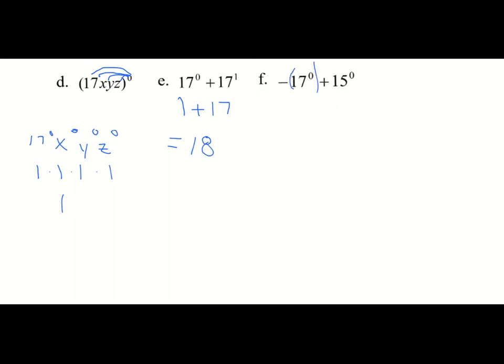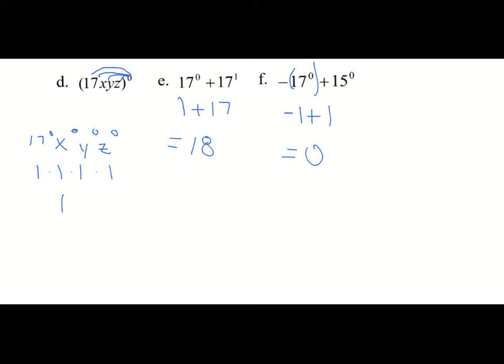So 17 to the 0 power is 1, but because we have that negative sign, it's going to make it a negative 1. Plus 15 to the 0 power, anything to the 0 power equals 1. So we have negative 1 plus 1, and that is going to equal 0 in the end.